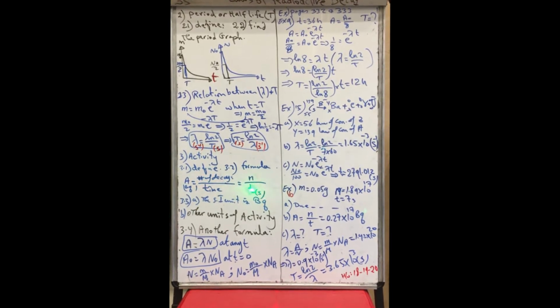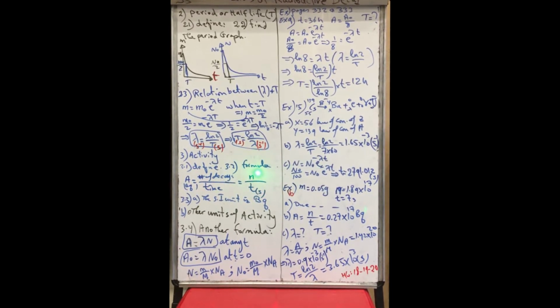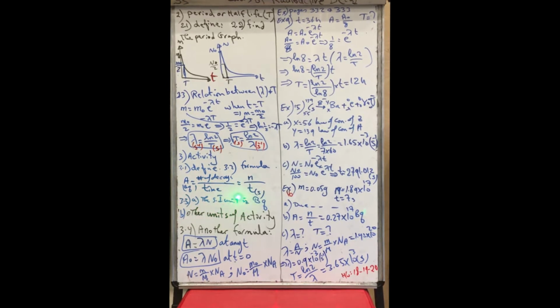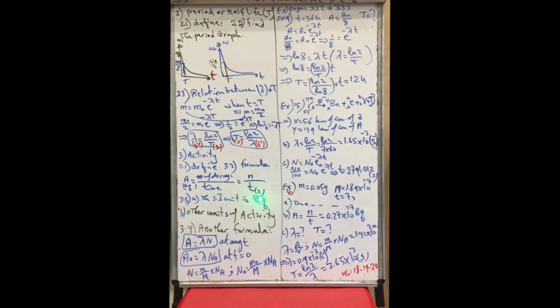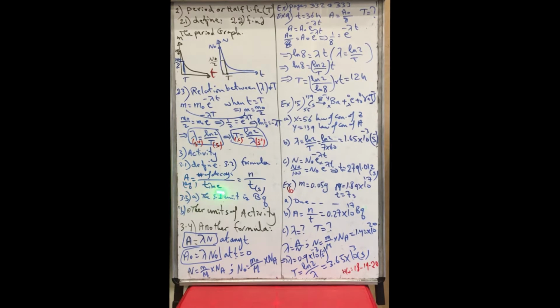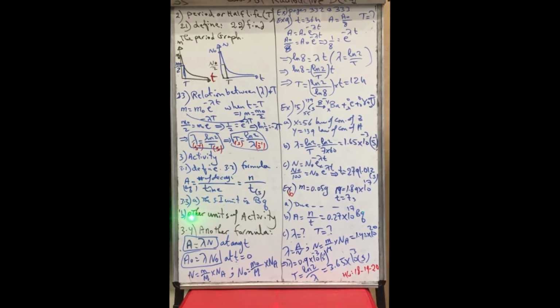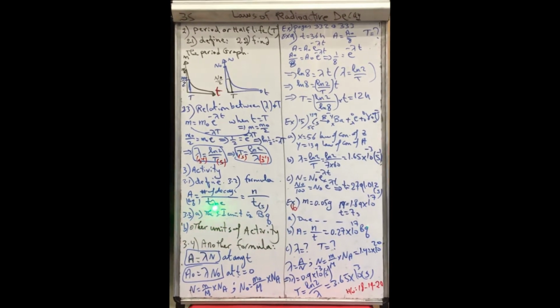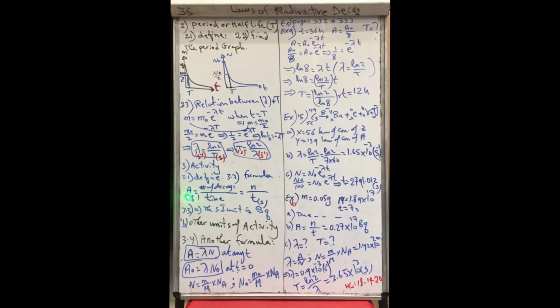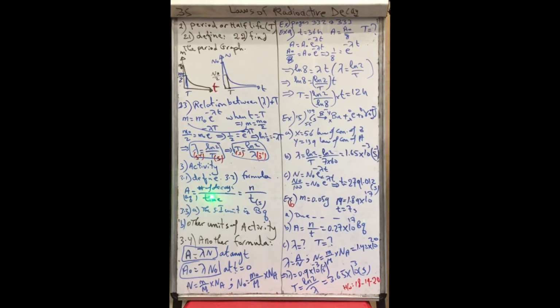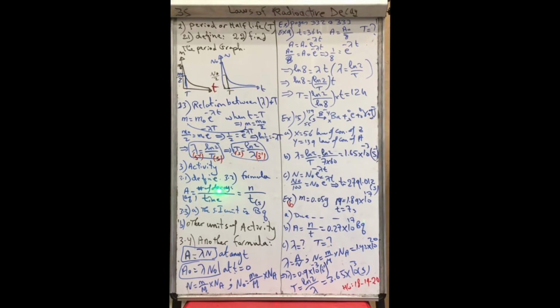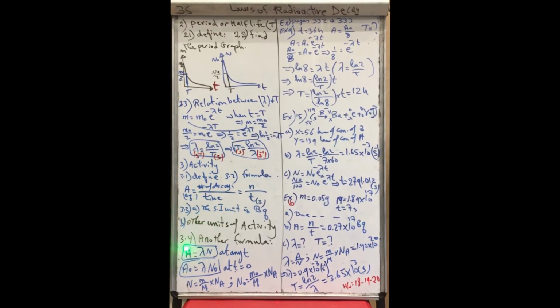The SI unit of time, as you know, is second, and the SI unit of activity is becquerel, Bq. To get A in Bq, time should be in second. Other units of activity, we may have decays per day, decays per year, decays per month, etc.